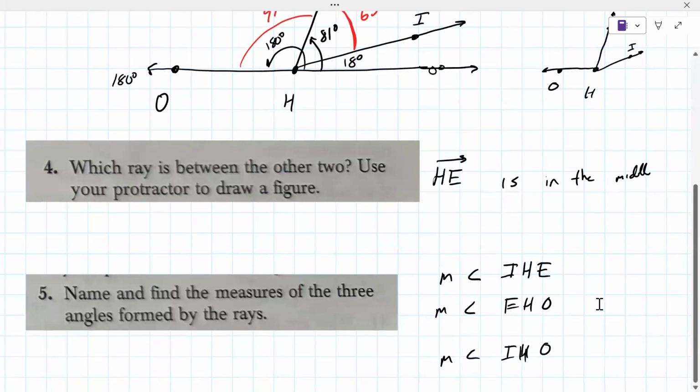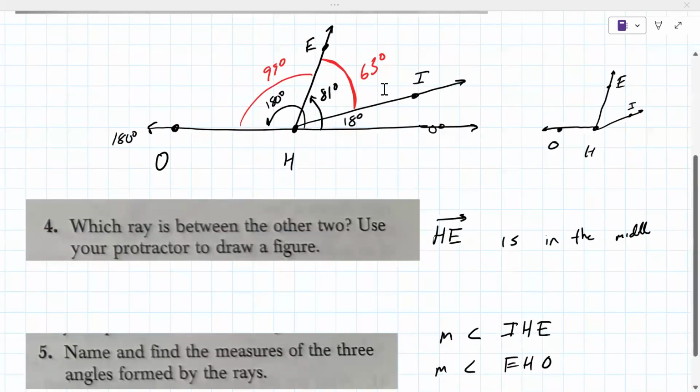So it's part, part, and whole. I can't get all of that to fit on the screen, but hopefully in your drawing you can see we've already got two of those. So the IHE is 63 degrees, EHO is 99 degrees.